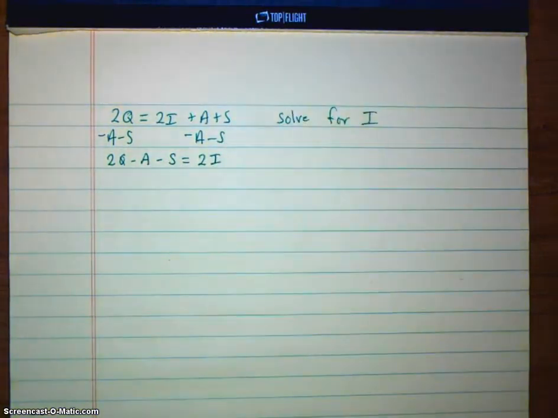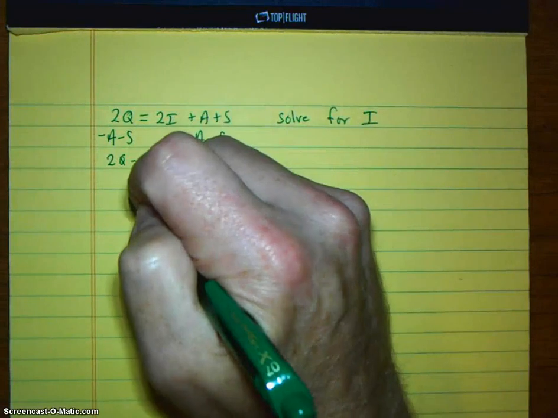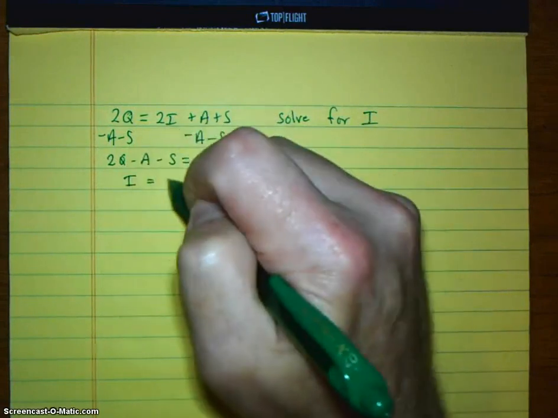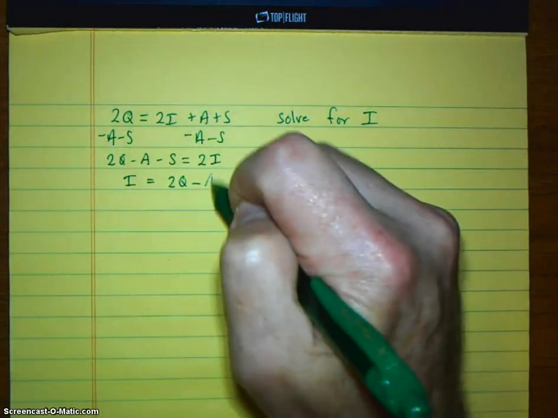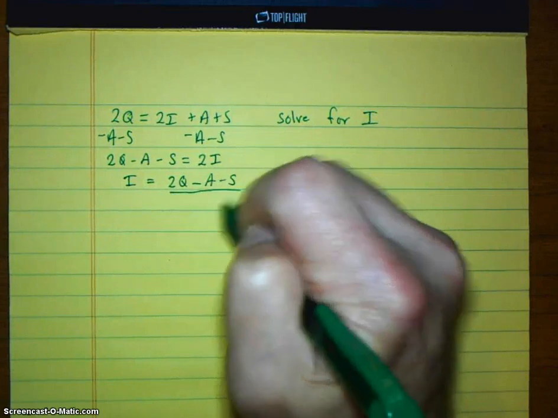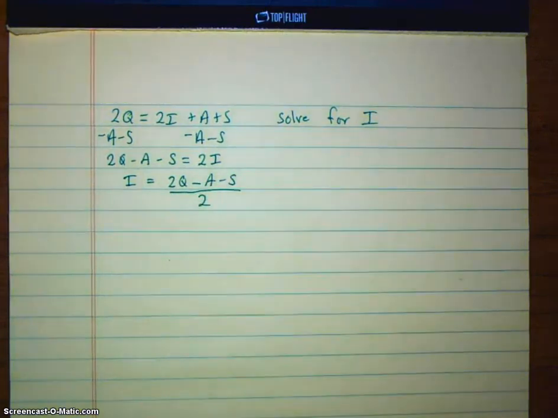And then it's connected by a multiply, so I do a divide. Answer is I equals 2q minus a minus s over 2.